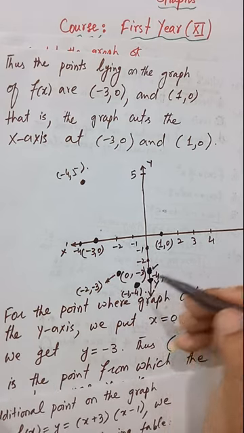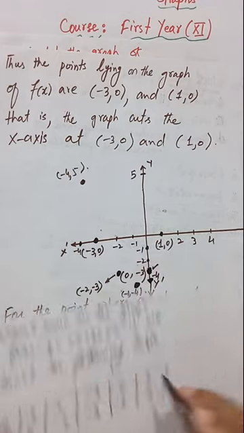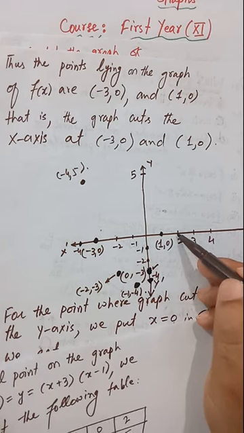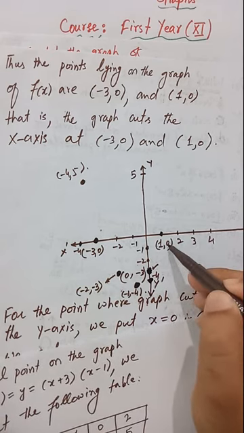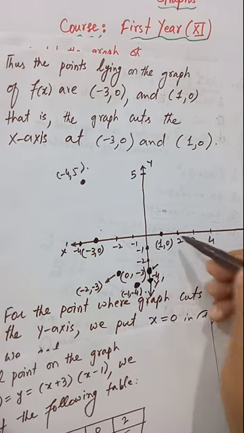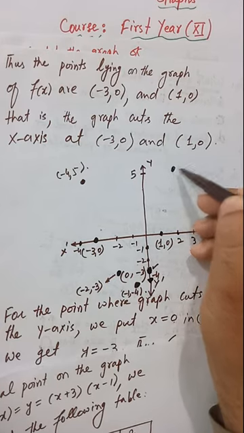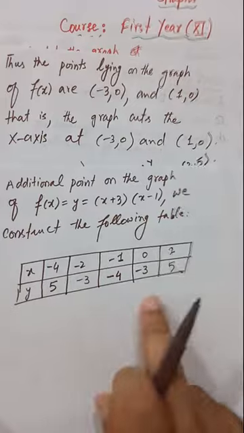Next, when I plug in 1, I get y equal to 0, and when I plug in 2, I get 5. So that point is (2, 5). This is the table that you construct.